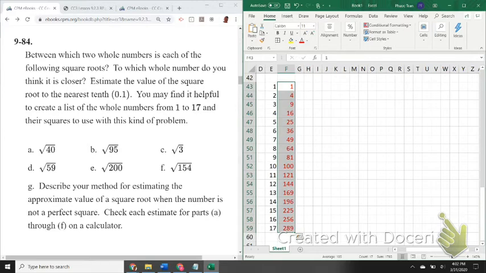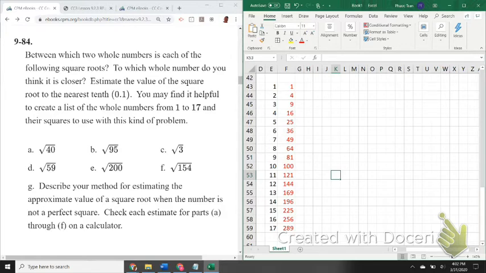For example, what's the square root of 289? 17. What's the square root of 81? It's 9. What's the square root of 169? It's 13. Again, very useful. This will save you a lot of time moving forward. You've got to know these very common square root numbers.